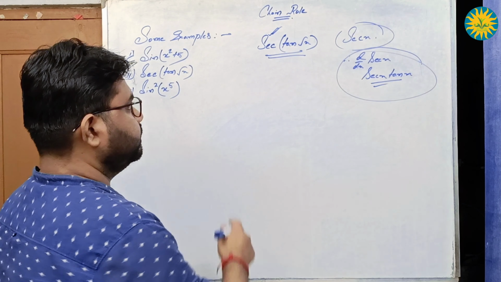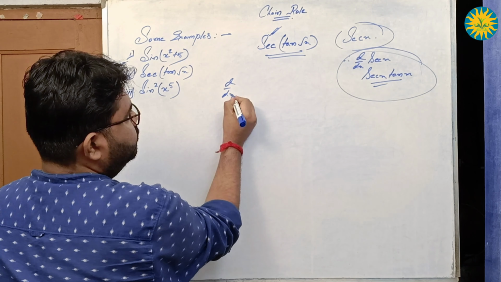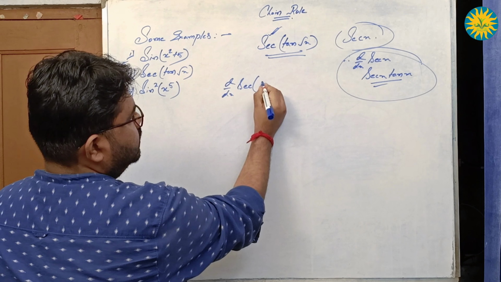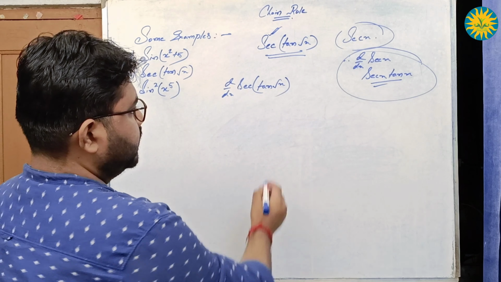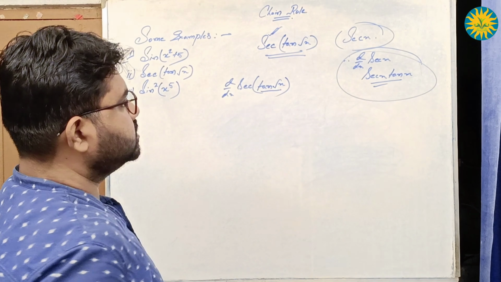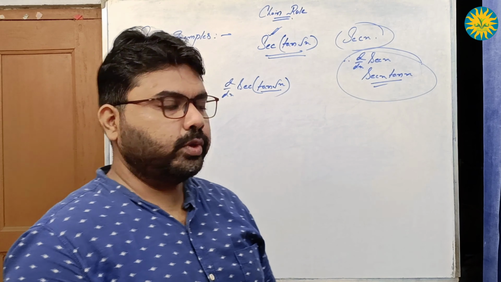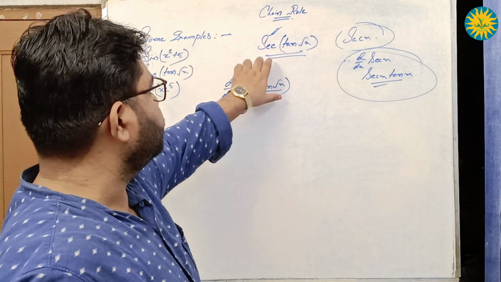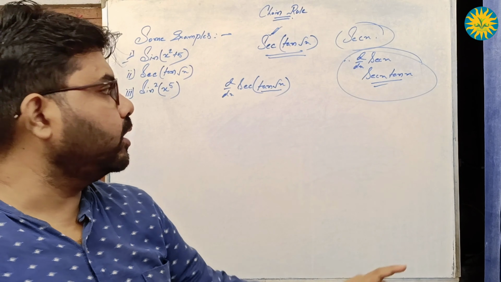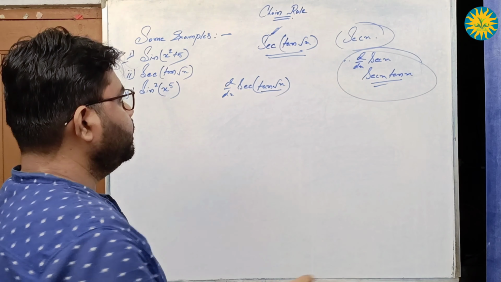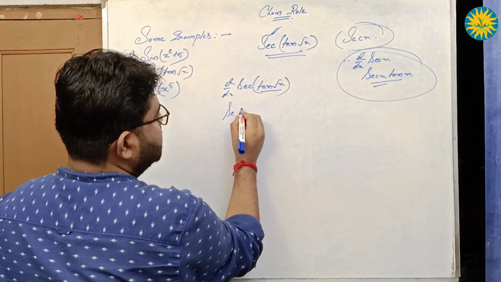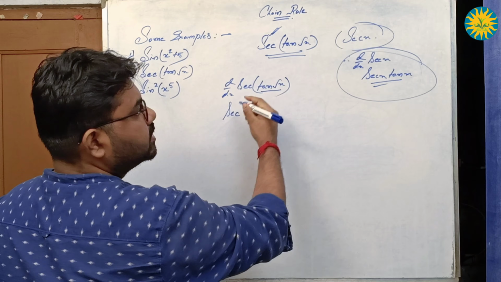Now just see the first step. d/dx of sec of tan of root x. Just consider this whole tan of root x as x. Therefore what will be the differentiation of sec x? We know the differentiation of sec x is sec x into tan x.